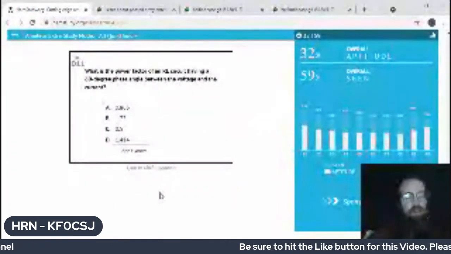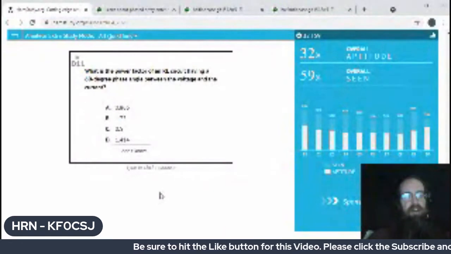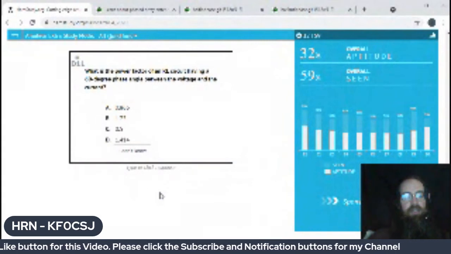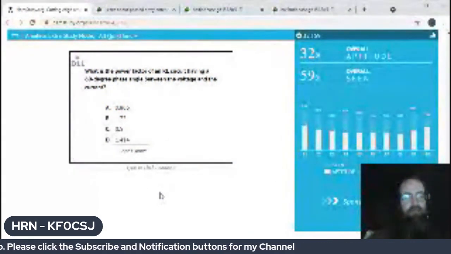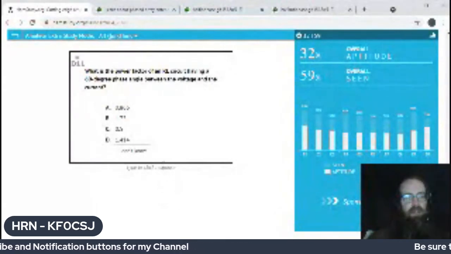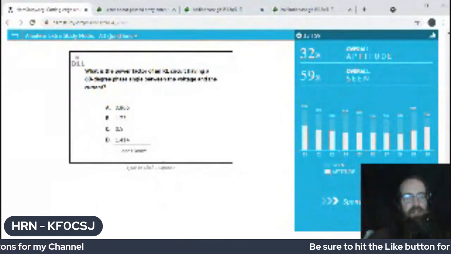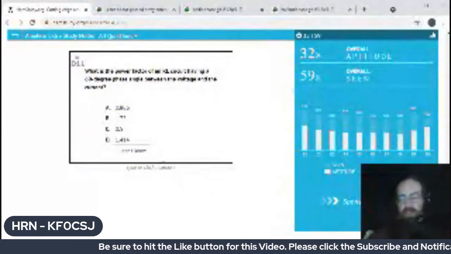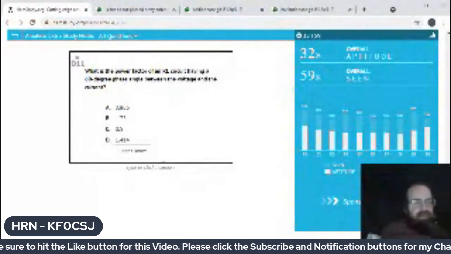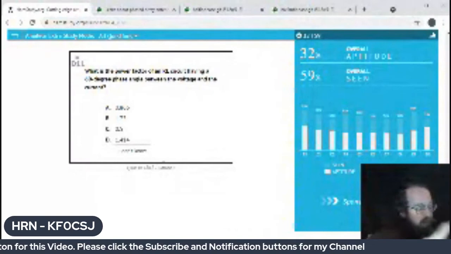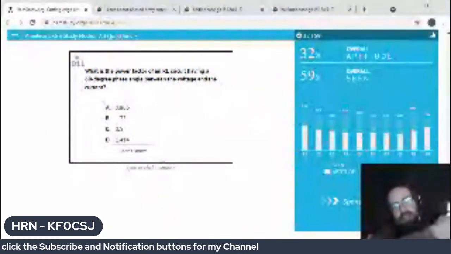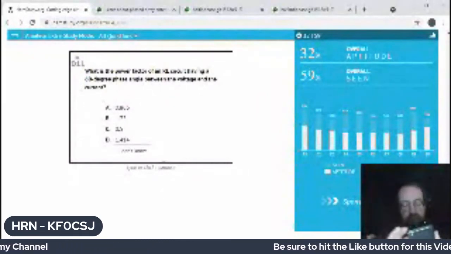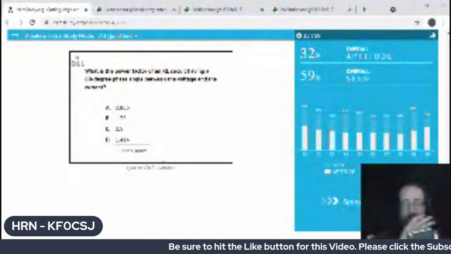What is the power factor of an RL circuit having 60 degrees phase angle between the voltage and the current? I believe, get my calculator here a minute. And if I don't get caught up in my microphone cables, I believe it is cosine.